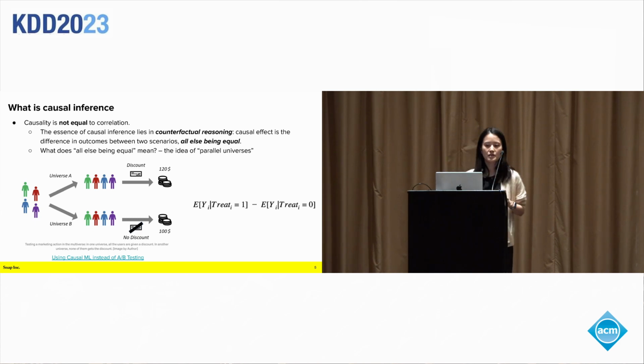And then we measure the outcome, some revenue of $120. And for the same population in universe B, they don't receive the treatment. Basically, there is no discount. And then we measure that the revenue is $100. And then we can conclude that the difference caused by this treatment is $20.